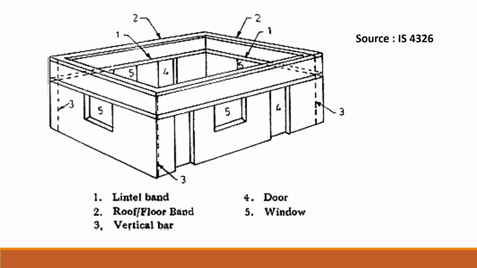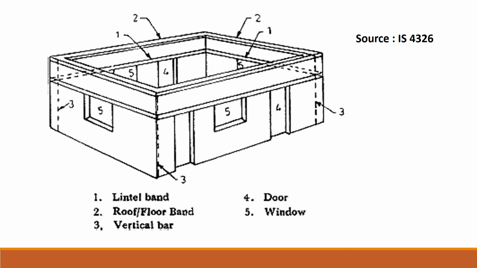Further to this, a roof or a floor band is provided at the top. A plinth band has not been shown here. There are doors and windows that are seen. Now they should strictly comply with the end requirements from the corners, and the distances between them should be maintained.